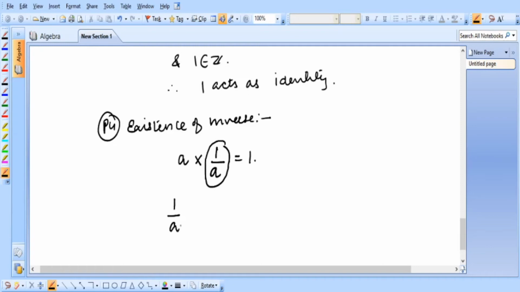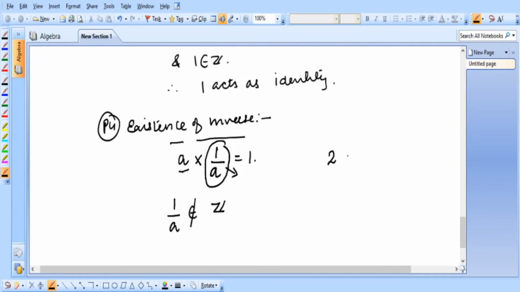This is not an integer. Therefore, this property has been violated, because we are not able to find an integer which, when multiplied to this, yields 1. For example, we know 2 is an integer, right?